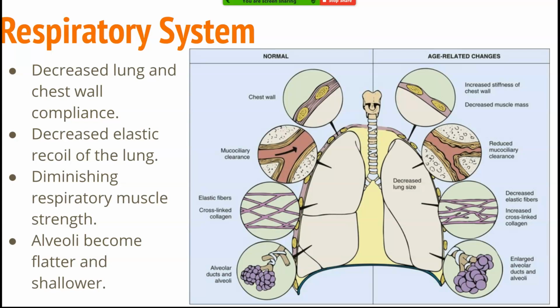And the alveoli start to become more shallow. This is also a combination of anything you have done to yourself, such as smoking, right? Smoking causes all sorts of issues in terms of alveolar function, cancers, and elasticity. Well established.